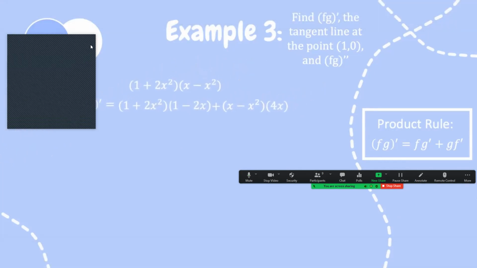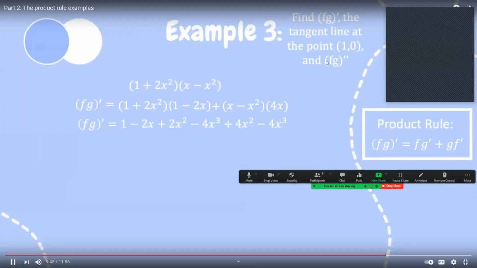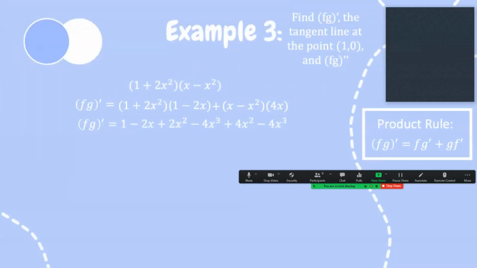Okay, now we can multiply all of that out. So that becomes 1 minus 2x plus 2x squared minus 4x to the third plus 4x squared minus 4x to the third. Then you can combine like terms.